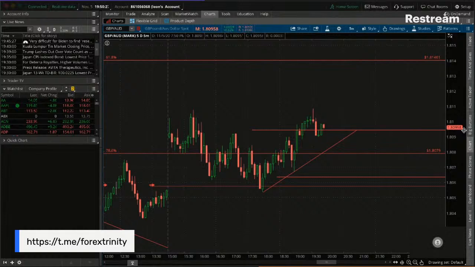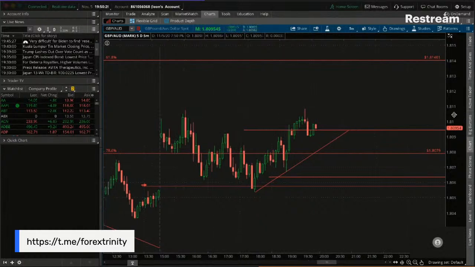Oh, it kissed the line. Is it going to go through the line? Playing around. See how it's just playing around the price? This is a price for it. This is huge.